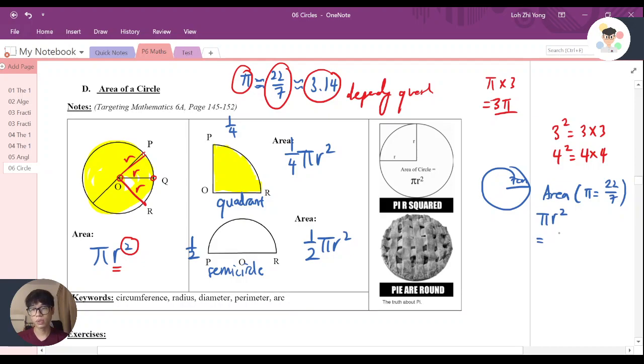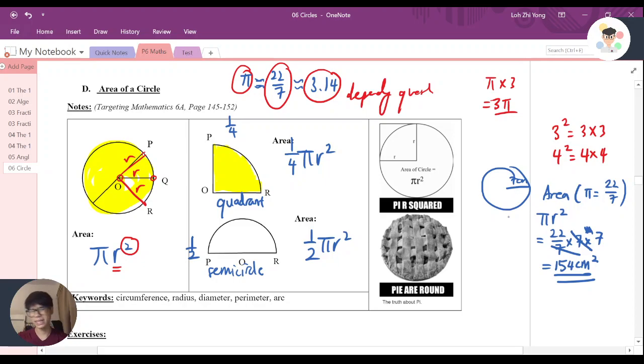Pi is 22/7, r is 7, so 22/7 times 7 squared. 7 squared means 7 times 7. So I can simplify by 1/7. 22 times 7 is 154 cm squared. And this is the area of this circle.